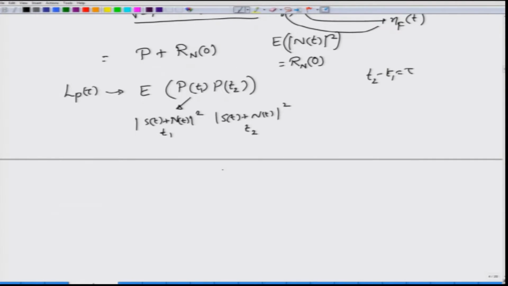When you do this product, and I will leave this as an exercise to you, it is a little bit of a tedious thing, but I will put this as an assignment problem.